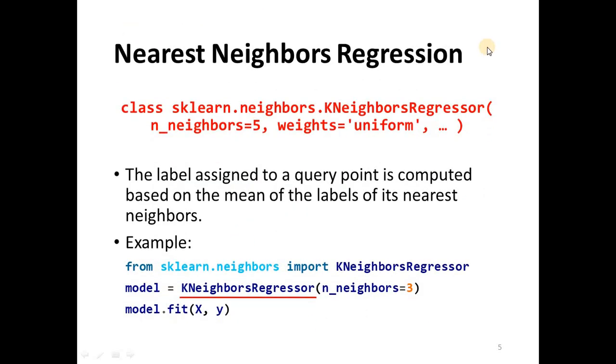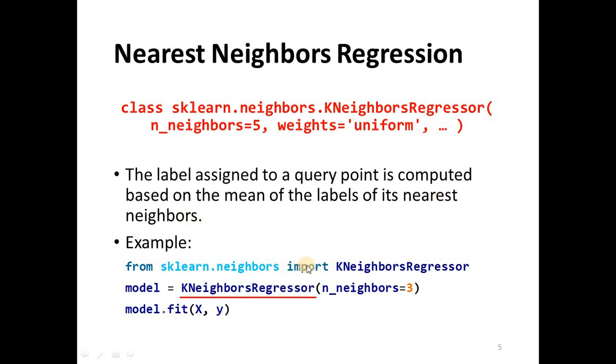Scikit-learn also supports nearest neighbor regression. It has a similar class, KNeighborsRegressor, with the same default values. The label assigned to a query point is computed based on the mean of the labels of its nearest neighbors.